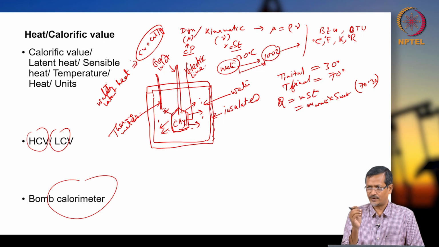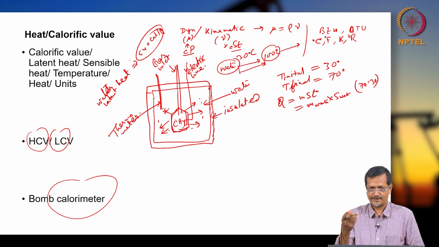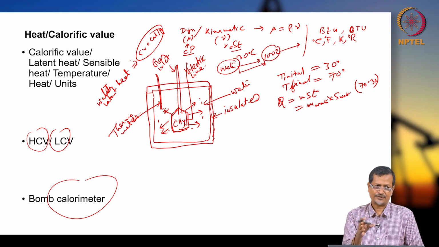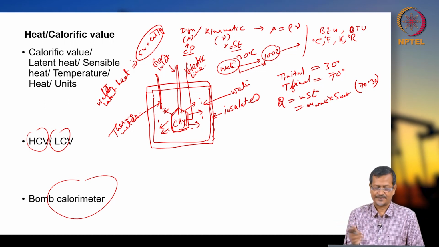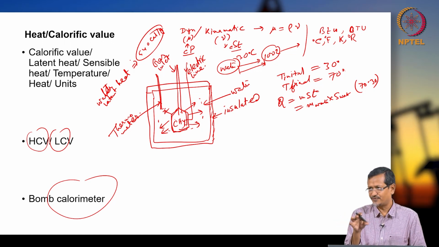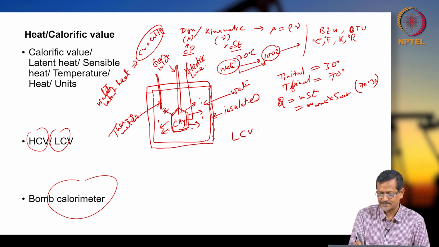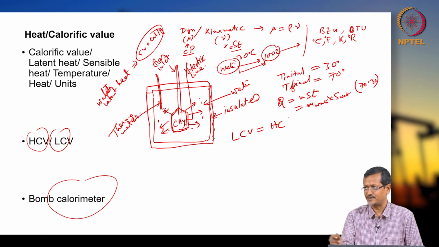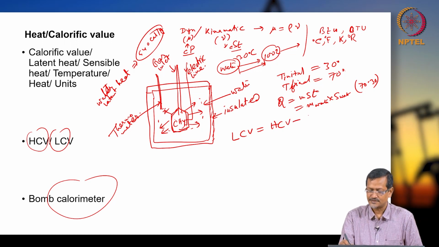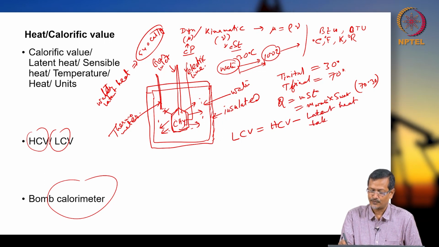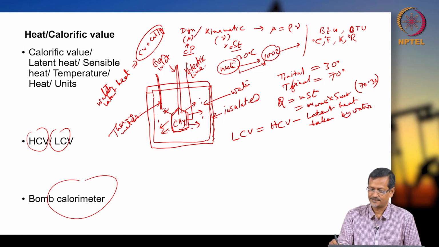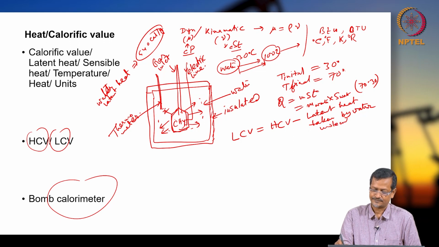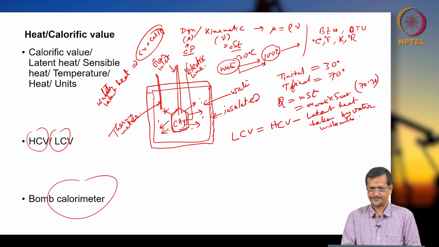The certain amount of water that is evaporated takes latent heat, so you cannot use that heat for a fruitful purpose. So your actual usable heat will be the lower calorific value. LCV equals HCV, the total heat from your calculation Q equals M S T, minus the latent heat taken by the water molecules.